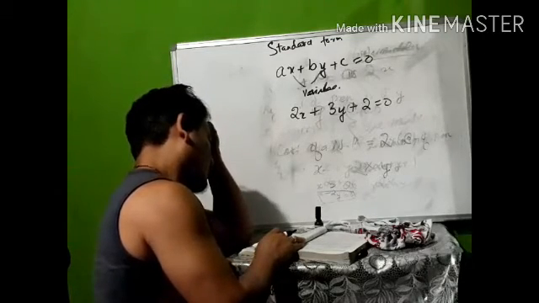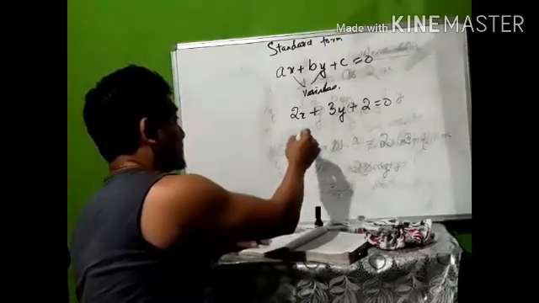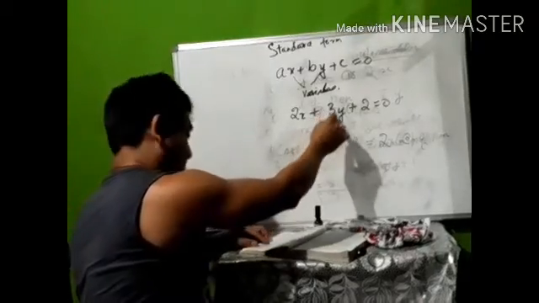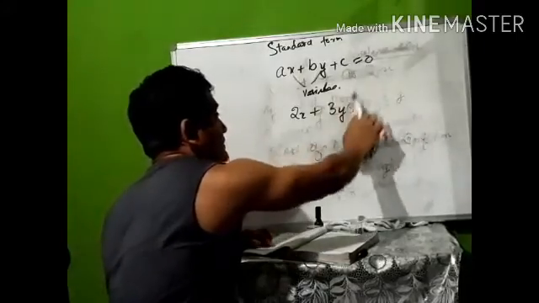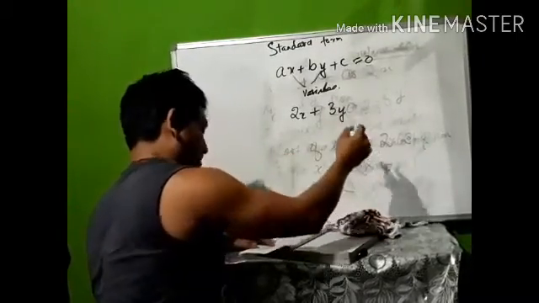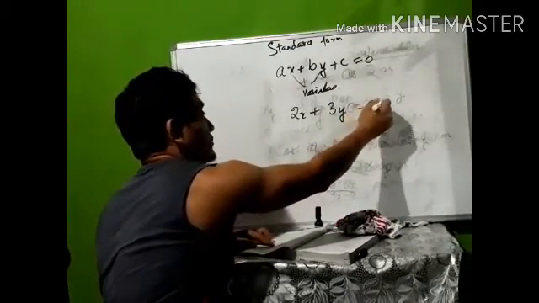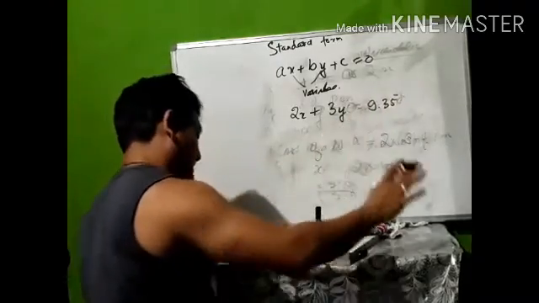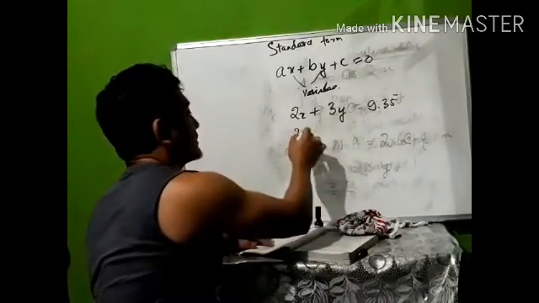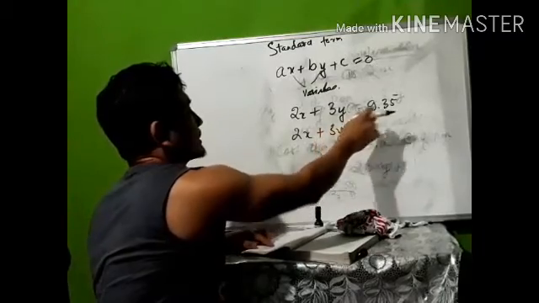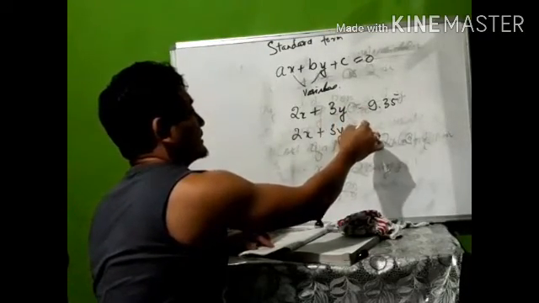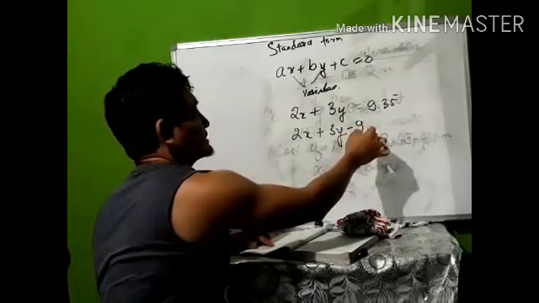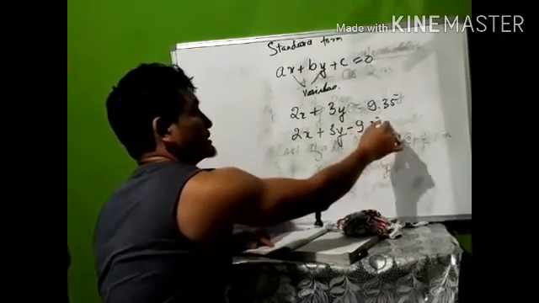Okay, number one question. In my case it is 2x plus 3y, so on the left hand side we'll carry this expression only, equals 9.35 bar. We can bring this 9.35 to the left, so it becomes minus 9.35 bar, equals 0.